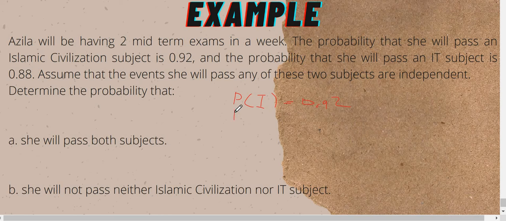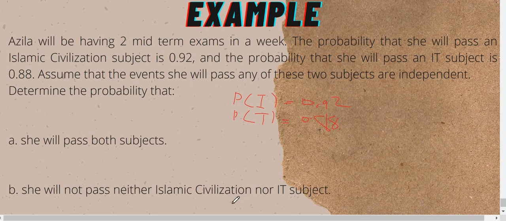So the IT subject I denote as T. It doesn't matter which alphabet you want to use, as long as you understand what you like. This one is 0.88. The question says that these two subjects are independent.